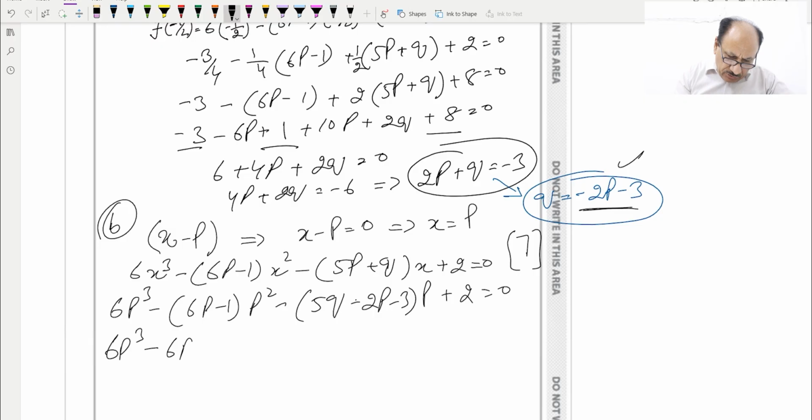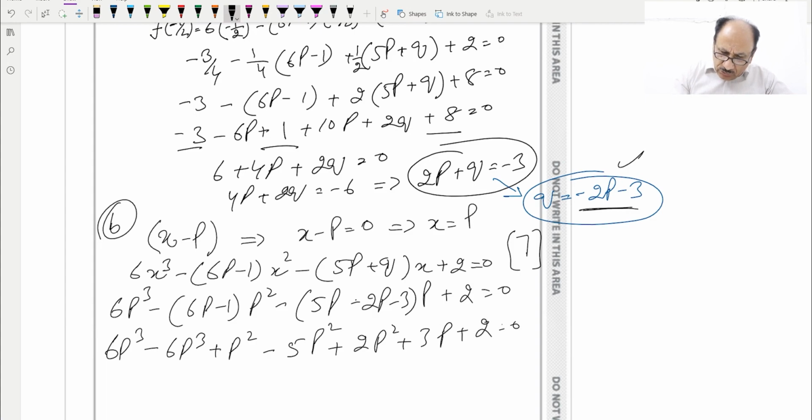So 6p cube minus 6p cube, and minus minus plus p square, and this will be minus 5p. Basically it's not q, it's p. Here we are making a mistake. So we open the square also, so minus into minus plus 2p square, and minus minus plus 3p plus 2 is equal to 0.